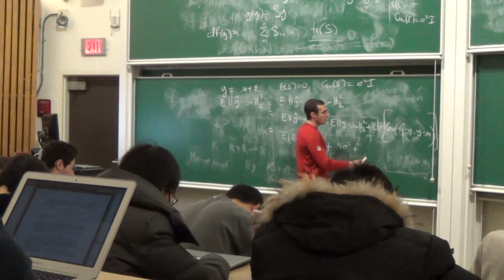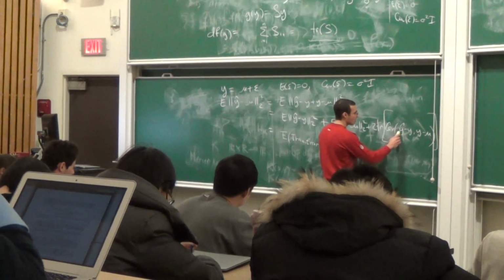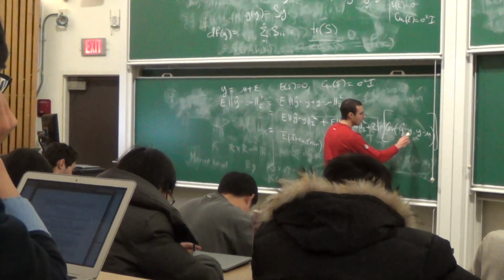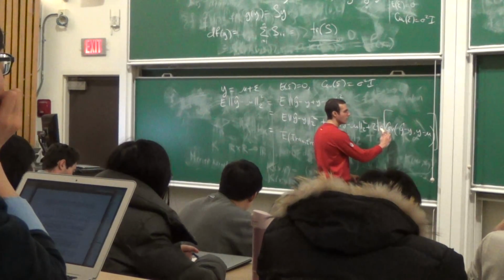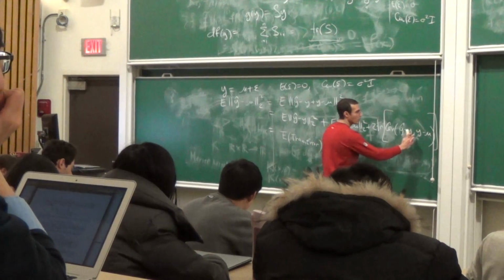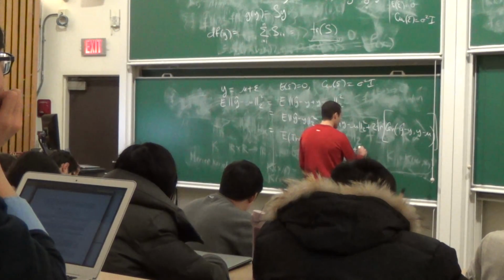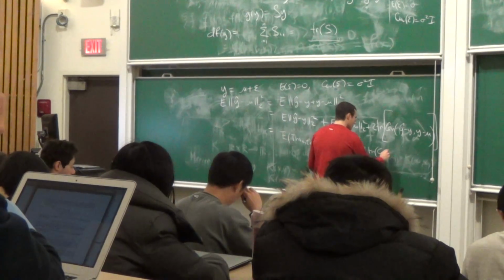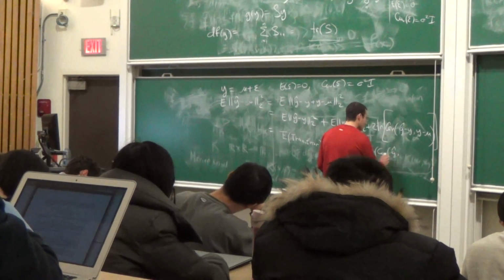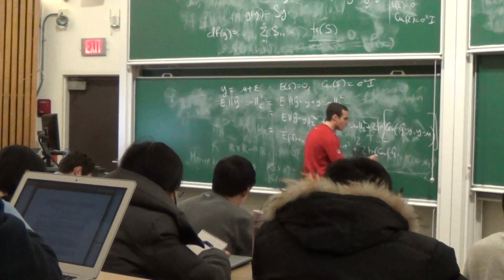So let me look at this first term. It's the trace of the covariance between y hat minus y. Actually, I'm going to split it up into 2 things: covariance of y hat with y minus mu. 2 times the trace of the covariance between y hat and y minus mu, and I can just write that as the covariance between y hat and y.